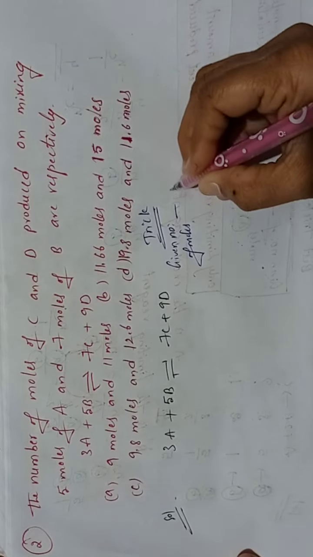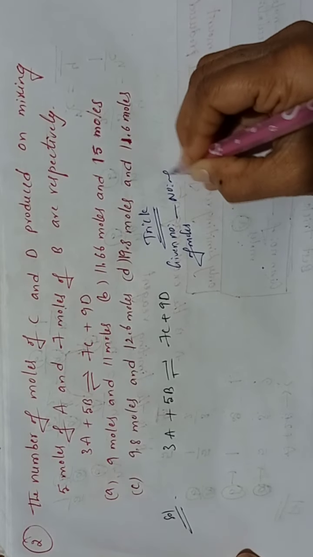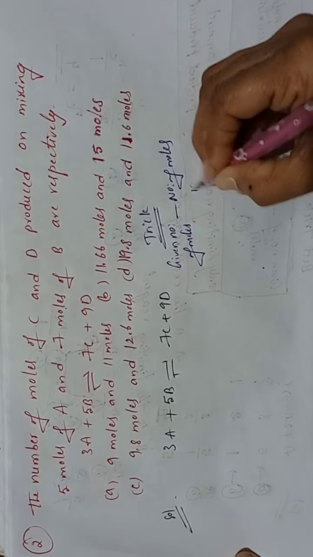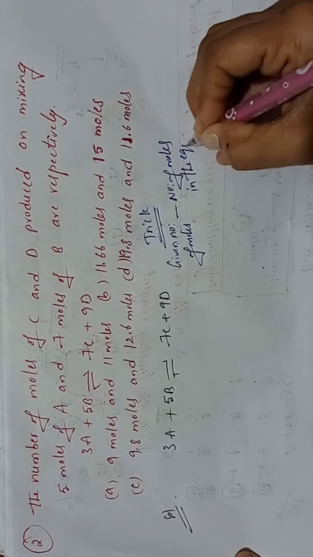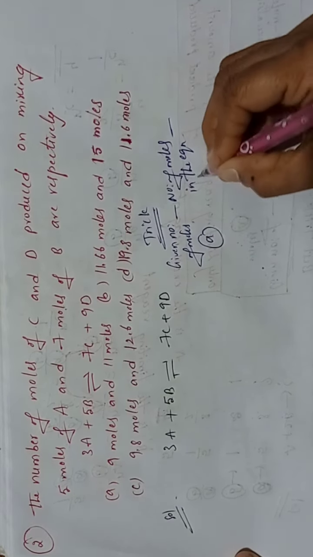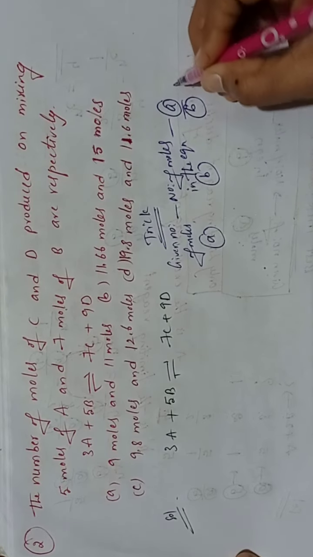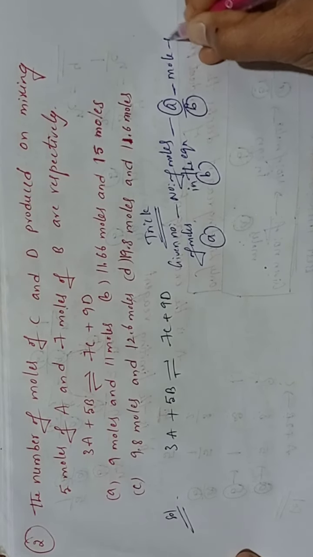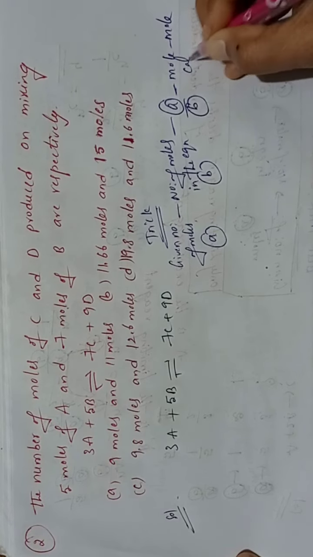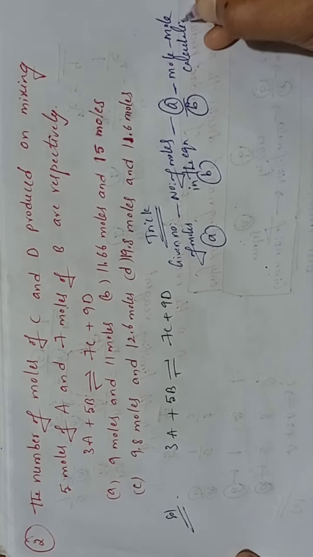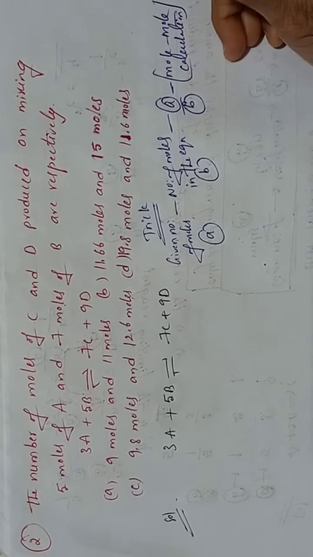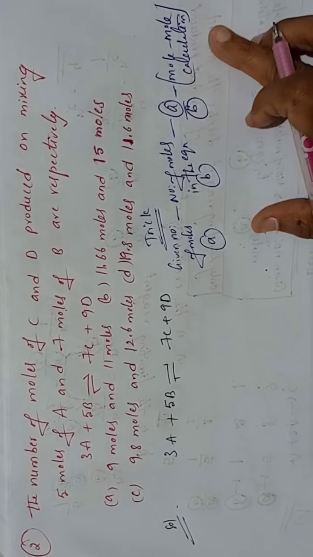Next, the number of moles in the equation. Third, A by B. Next, mole to mole calculation. So in total I discussed four steps with you.